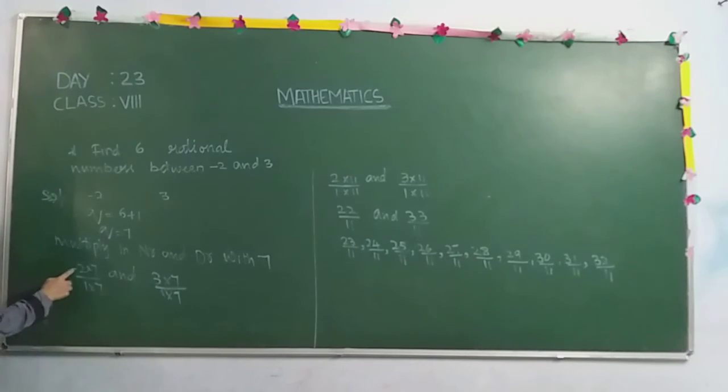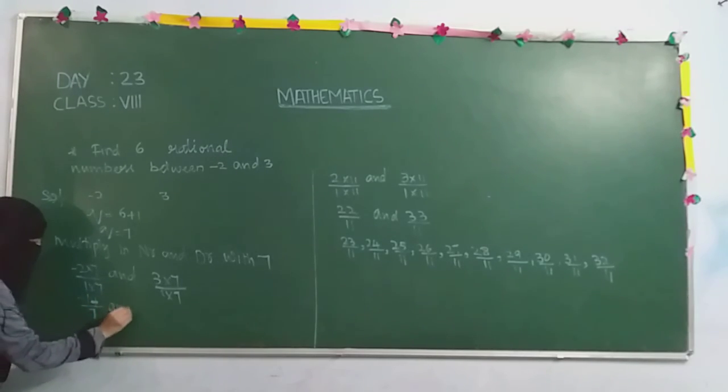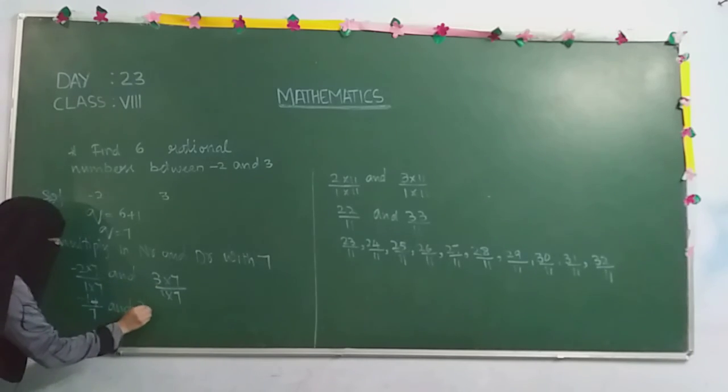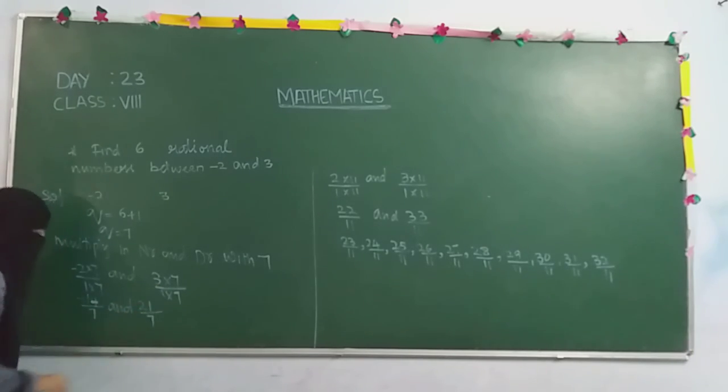So minus 2 times 7 is minus 14 by 7, and 3 times 7 is 21 by 7.